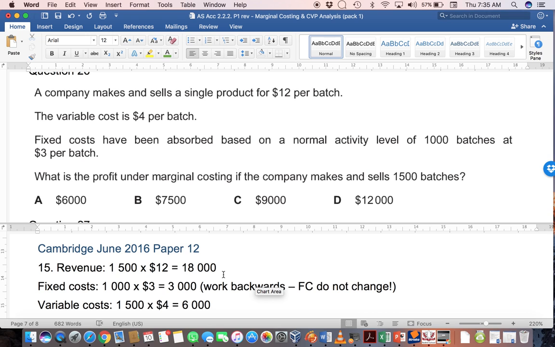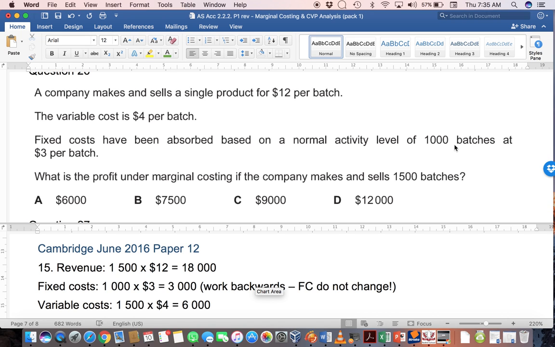So 1,500 batches at a selling price of $12 is going to be 18,000 as our revenue. The fixed costs, if they were absorbed at a normal activity level of 1,000 as $3 per batch, that is telling us that the actual fixed cost is going to be $3,000.